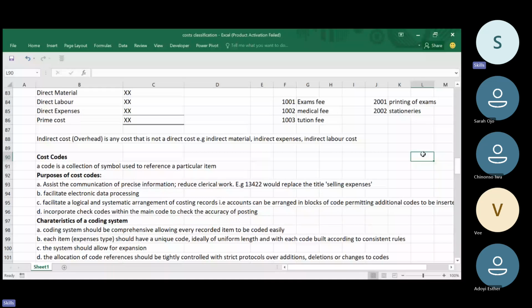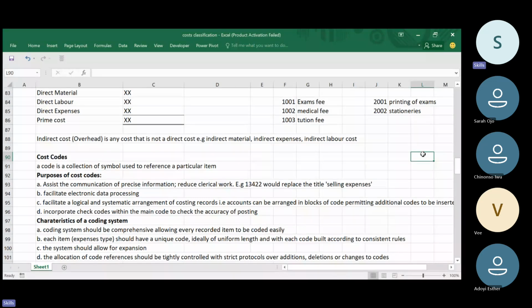That is, accounts can be arranged in blocks of codes, permitting additional codes to be inserted. Incorporate check codes within the main code to check the accuracy of posting. You can just trace the codes to check the accuracy of posting.